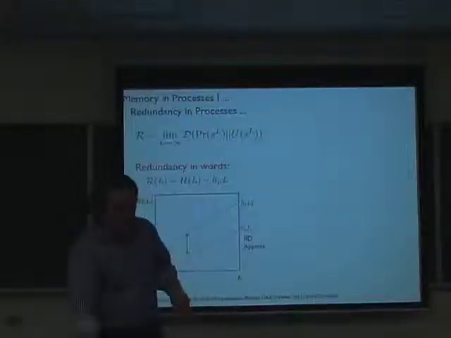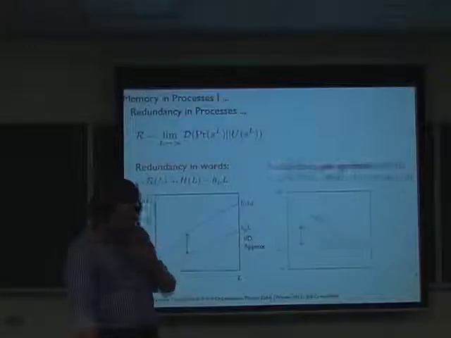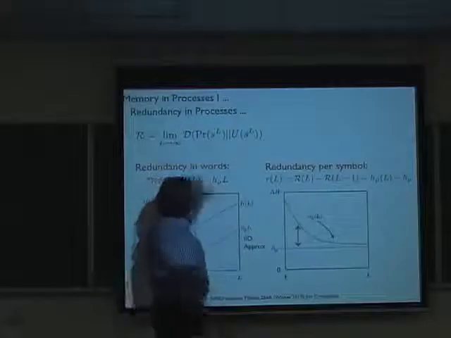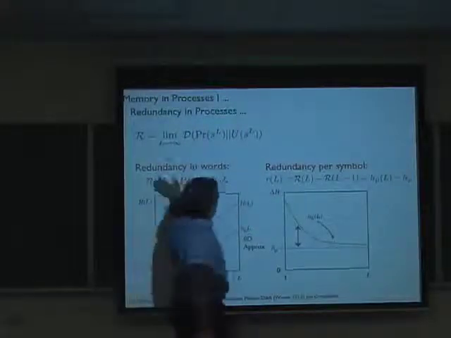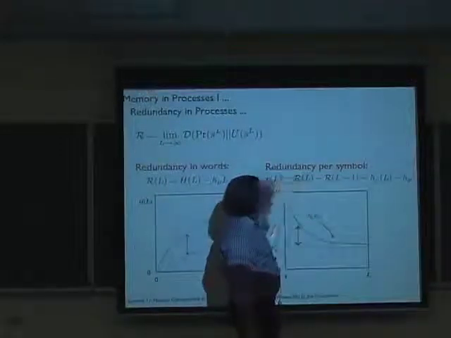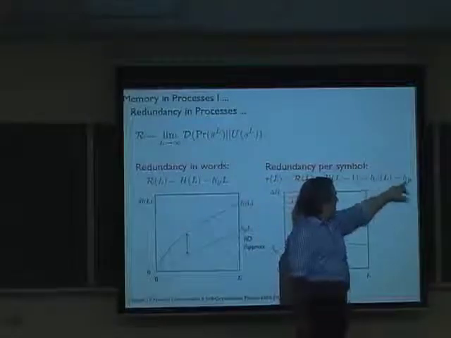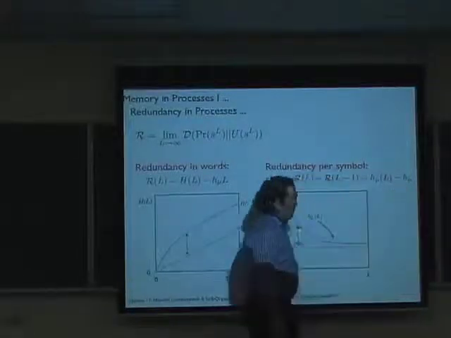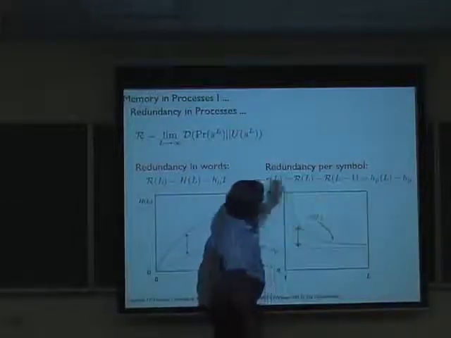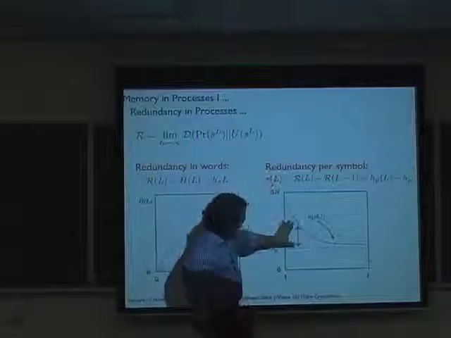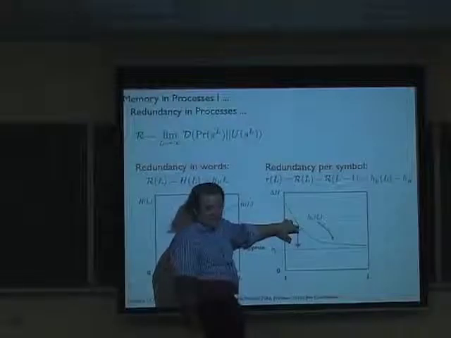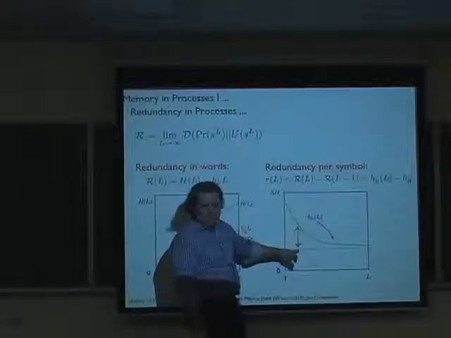Since we're taking derivatives with respect to L, we can think of redundancy per symbol. We basically divide everything by L, or look at this big R of L and look at its slope. A little bit of algebra shows that that's just h mu of L minus h mu. So we end up with this entropy convergence curve, and the redundancy per symbol is just the distance between our overestimate of how random the process is at length L versus the true value.